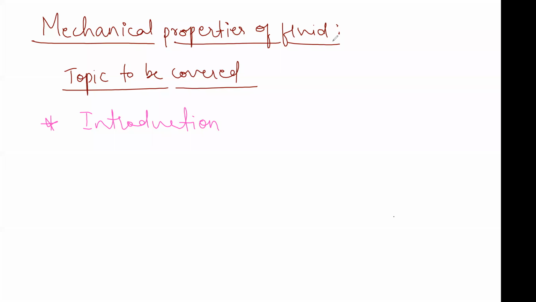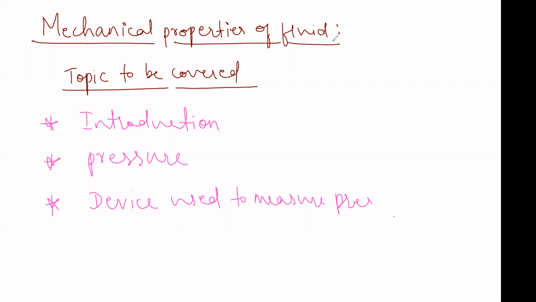About this chapter, and next we shall see what is the meaning of pressure, and next we shall see the device used to measure pressure, how it is made up. And some of the units used to measure pressure, the units we use in different systems of units.